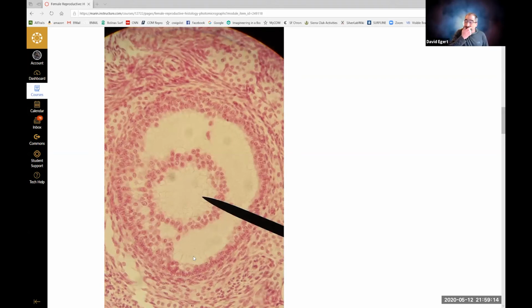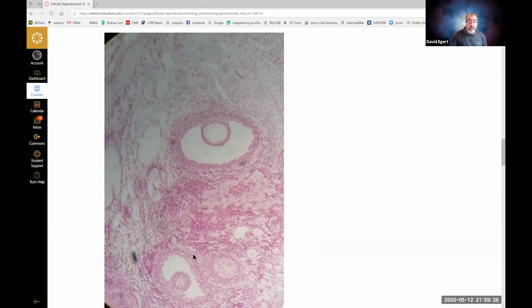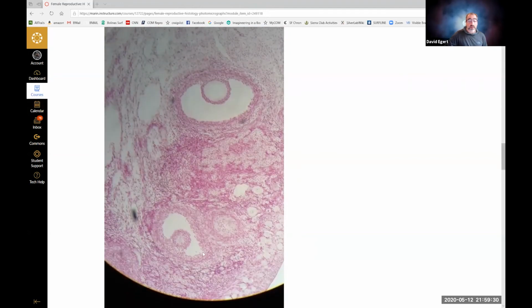And it depends on what book you're reading. They'll use different terms for the different stages. I'll also put that out there. There's not necessarily a totally consistent terminology through all this. Here we're getting into the Graafian follicle where you have the egg, which I'm kind of circling with the mouse.